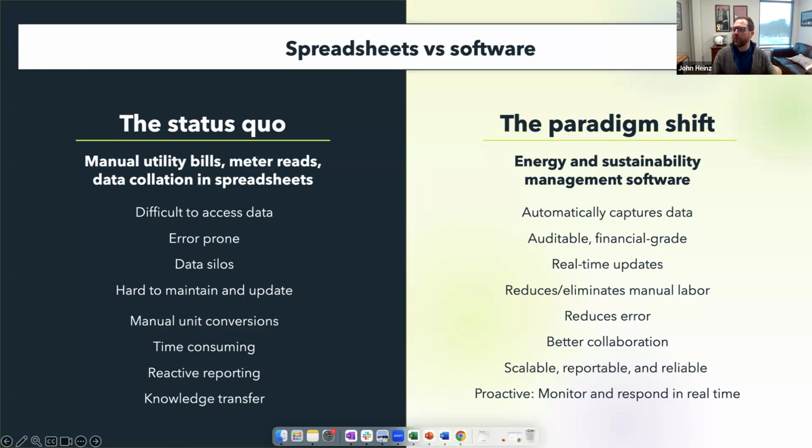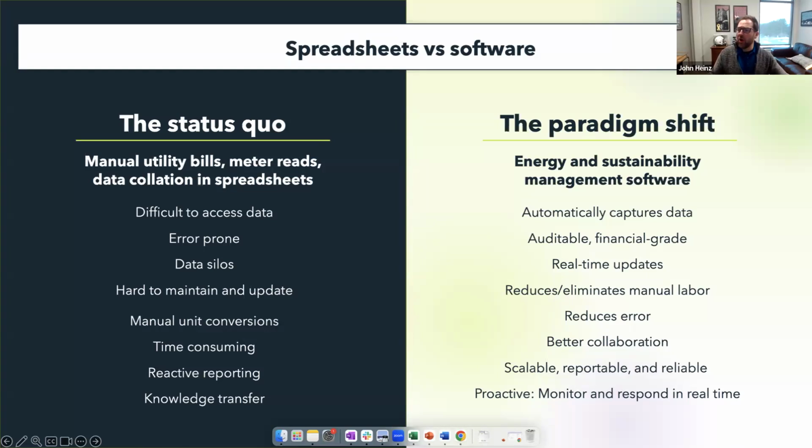And it's like, there's got to be a better way to do this. So the value statement for software really is the same: let's take out manual, error-prone steps and do what we can to automate data, make it smarter, and use technology to our advantage to make your life easier.